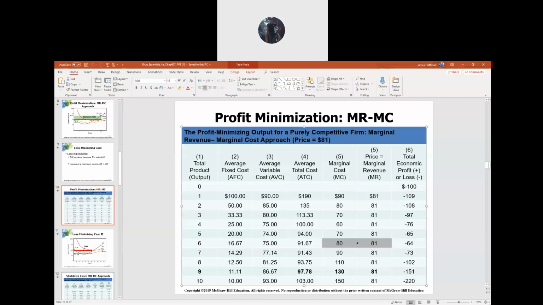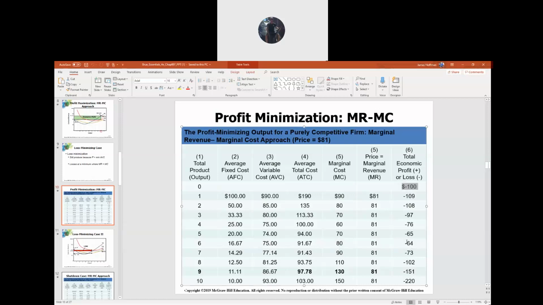When MR equals MC. So whatever they do, this firm's taking a loss. But if they can find their best case scenario, that's right here, where MR equals MC. Anywhere below that, the loss is worse. Anywhere above that, the loss gets more costly. So if they were to shut down, they would lose 100.